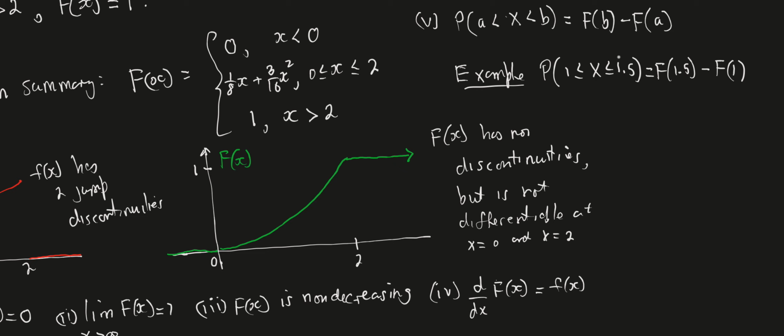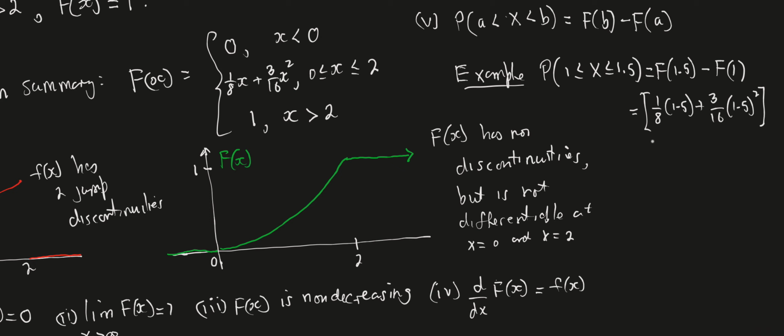Now both of these x values are between 0 and 2, so I'm going to have to use the middle piece of my function. If I plug 1.5 into my CDF, I am going to get this. So it's 1/8 times 1.5 plus 3/16 times 1.5 squared.